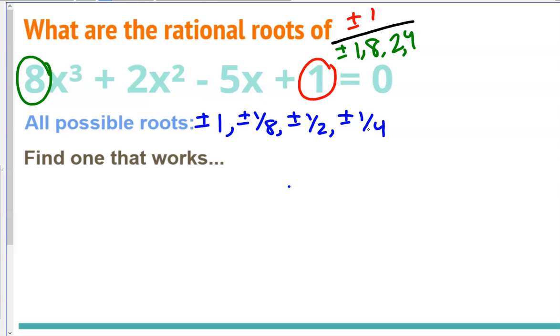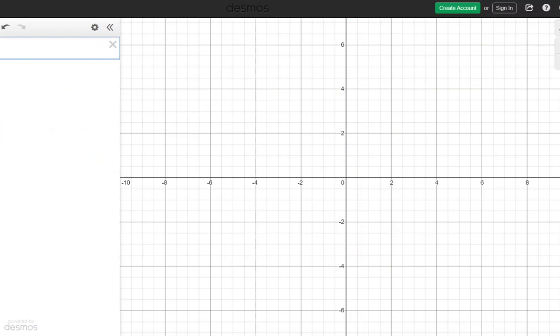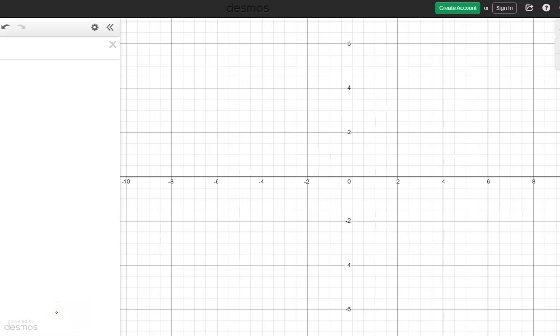You can use your calculator or again plug and chug, start plugging numbers in. Again, I would suggest starting with the whole numbers. So find one that when you plug it in, it gives you 0, or your graphing calculator if you want to plug it in there. Let me show you what I'm doing here.